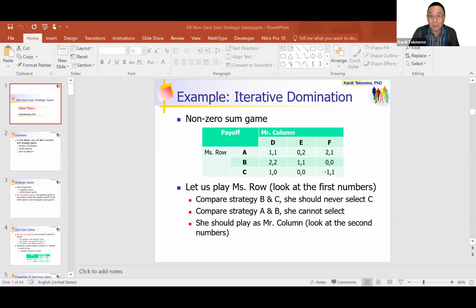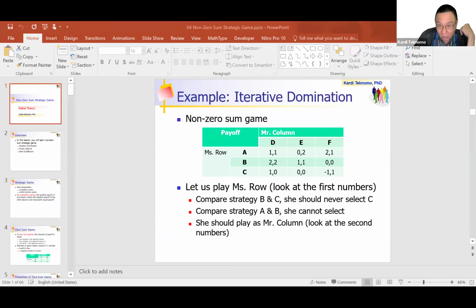This is a non-zero sum game. I have a payoff matrix like this. Let us play first as Miss Row. Let's compare B and C and then A and B. Look at this 2 compared to 1, B is winning. 1 compared to 0, B is winning. 0 compared to -1, B again winning.